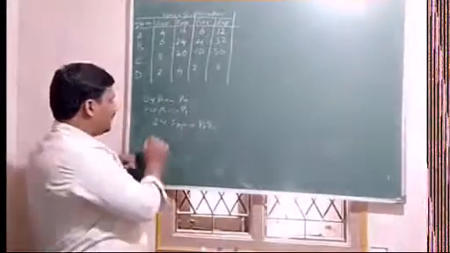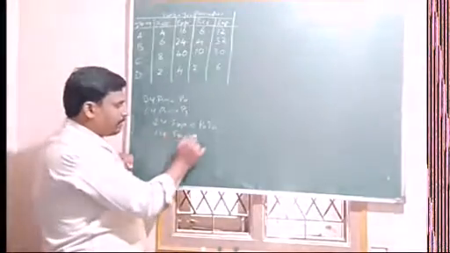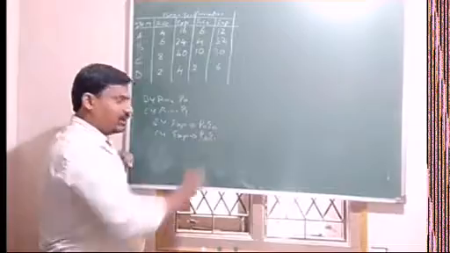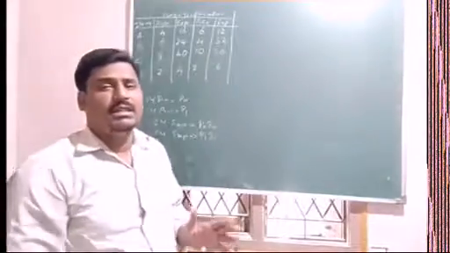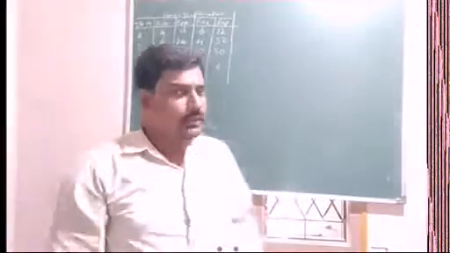Next, current year expenditure is P1 Q1, that is current year price into current year quantity.